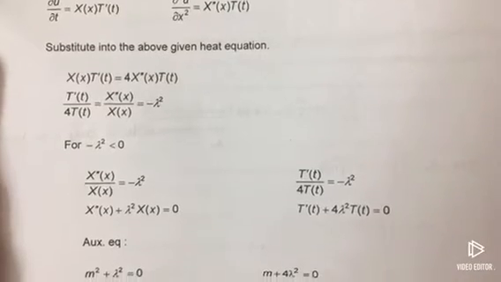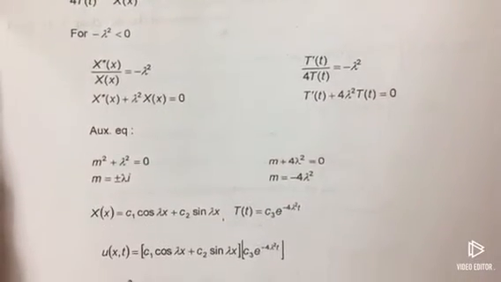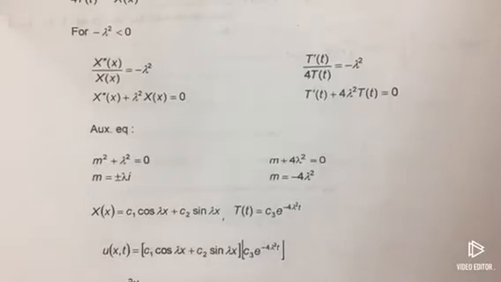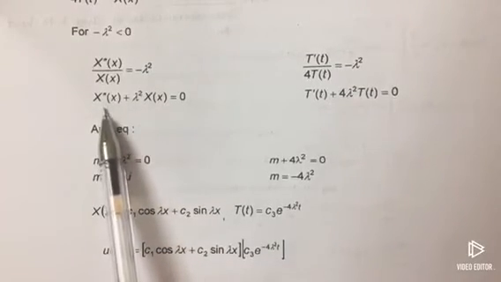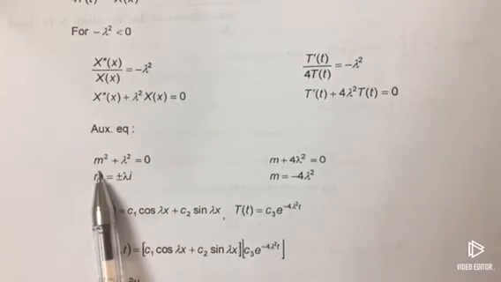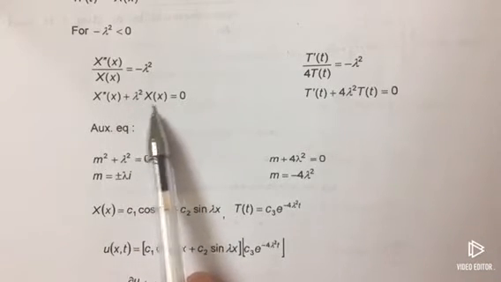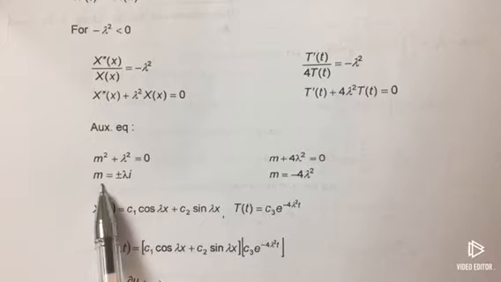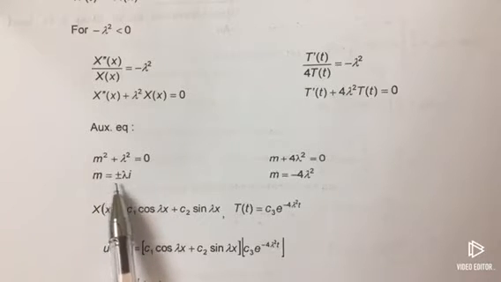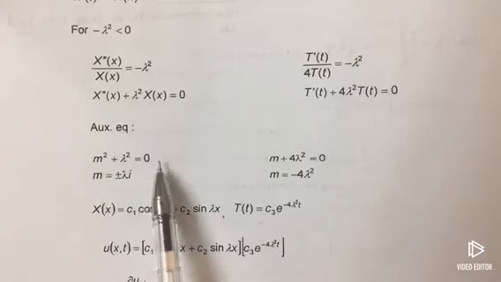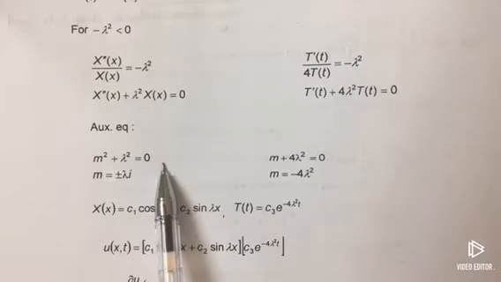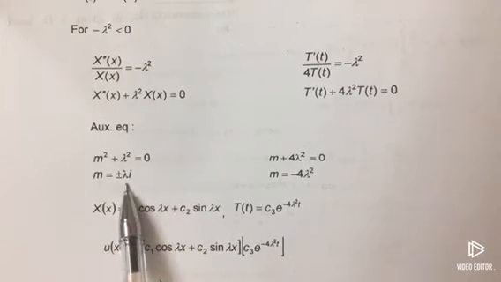Okay, then we change to auxiliary equation. When we change to auxiliary equation, X double prime is replaced by m squared, so m squared plus lambda squared equal to 0. So we get m squared equal to negative lambda squared. Square root of negative lambda squared changes to complex number, plus or minus lambda i.